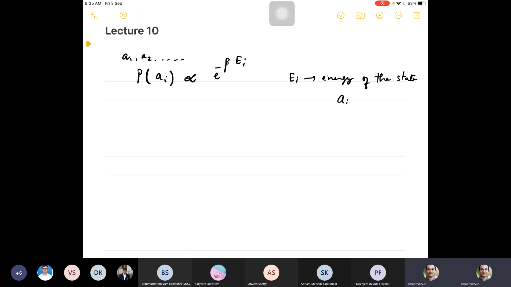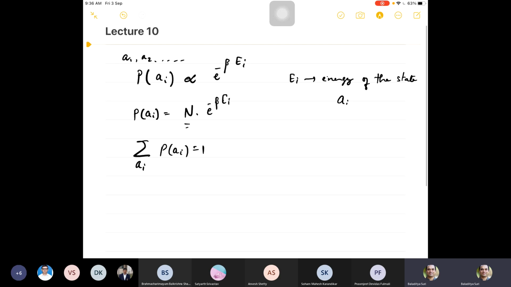It is some normalization factor times e to the power of minus beta Ei, and this normalization factor can be computed using the condition on probabilities that P of Ai summed over all states Ai should be equal to 1. This is the idea of the Gibbs principle.